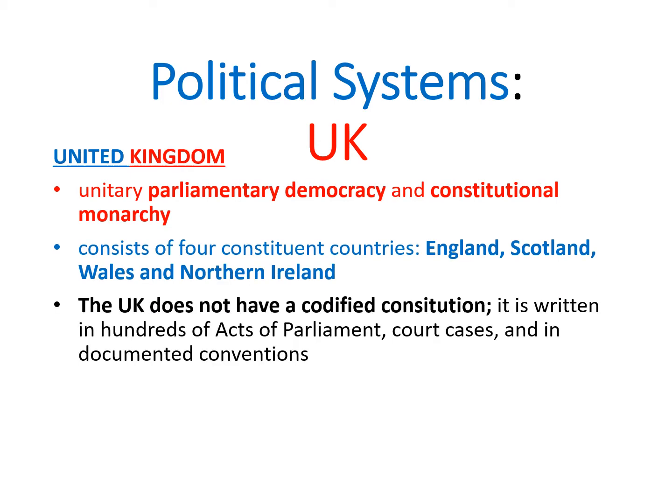It is a very interesting fact that the UK does not have a codified constitution. A constitution is considered to be the cornerstone of a democracy, so it is quite fascinating that the UK doesn't have one.